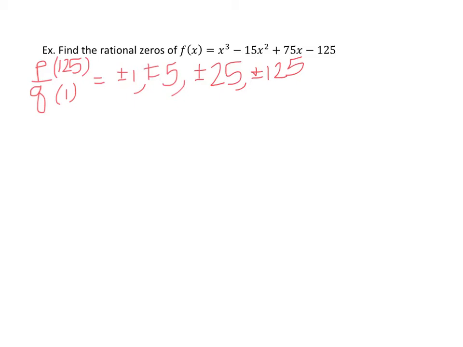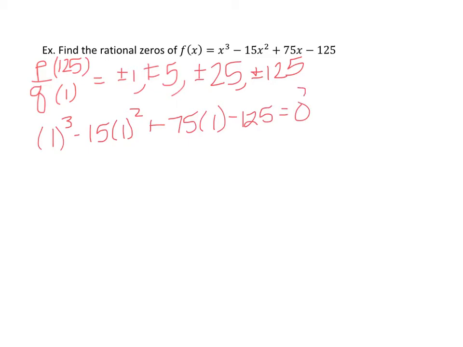If I'm testing them, I'm testing to see if they are going to make my equation equal 0. So just plugging them into my calculator, I've got a list to go through and check. So I can check plugging a 1 in for x. If I plug in 1, does that give me 0? Well, plugging a 1 in there, I would have 1 minus 15 plus 75 minus 125. I don't think this is going to come out to be working.